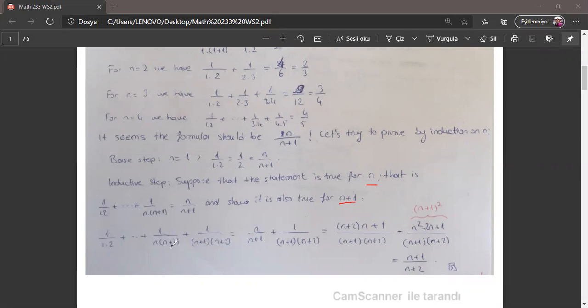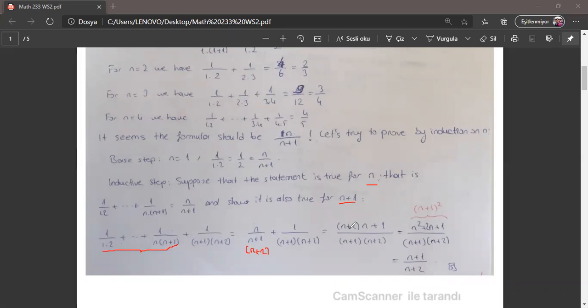That's why we write n plus 1 instead of n. So for that, we need to show it is equal to (n plus 1) over (n plus 2). Till this part, we know it is equal to n over n plus 1, right? We assume that. So now the rest is this, so we add that here. Now we multiply this one by n plus 2.